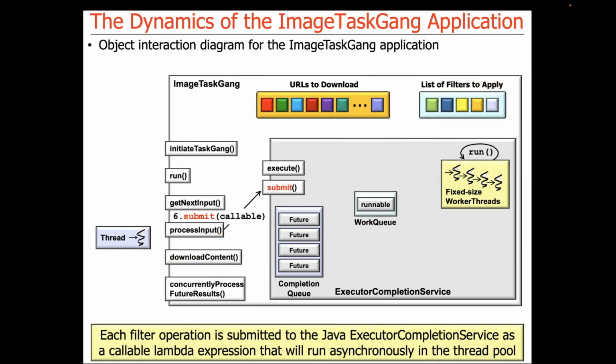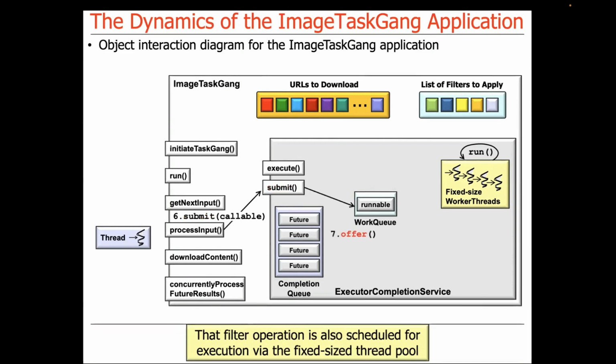Now, the way that the list of filters are applied is for each filter operation in the list of filters that will be submitted via a callable Lambda expression back into the executor completion service and its fixed sized pool of worker threads. So it gets submitted, that gets put back into the work queue as we just saw before. So it's scheduled for execution by putting it onto the work queue.